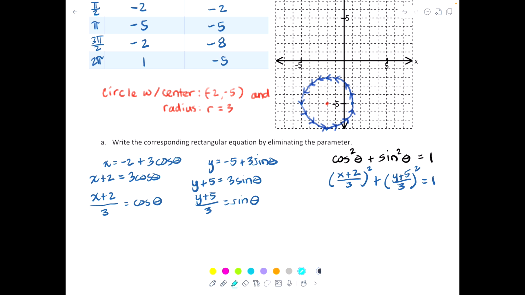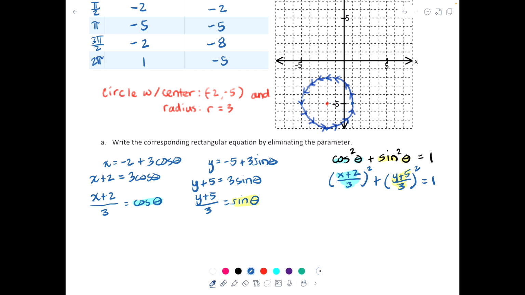So all I did is in for cosine theta, I put the x plus 2 over 3, and in for sine theta, I put the y plus 5 over 3. Groovy?